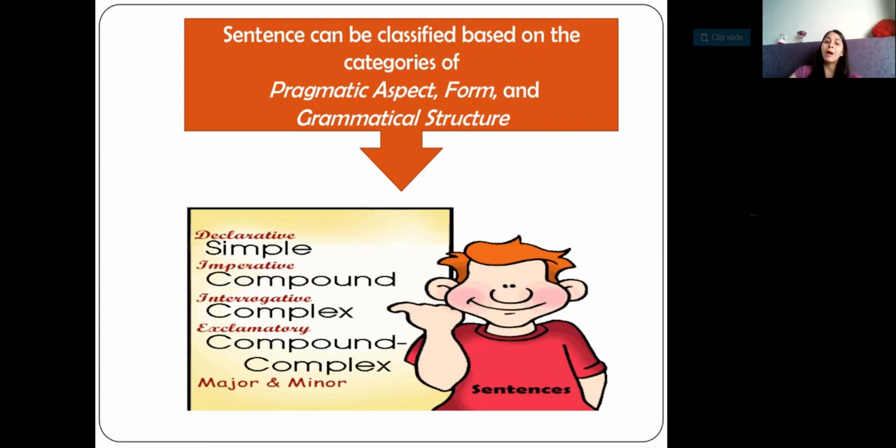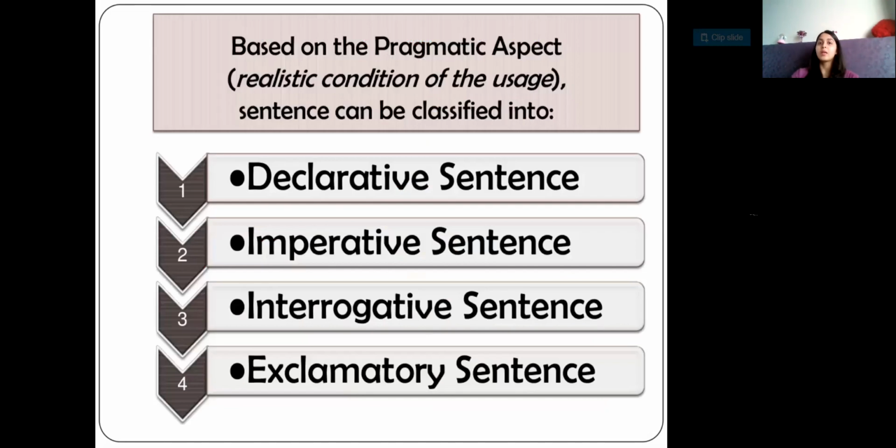Exclamatory gives you compound as well as complex. All right, let's go ahead and see. Based on pragmatic aspect. What is pragmatic aspect? Realistic condition of the usage. Sentences can be classified into four types: declarative, imperative, interrogative, and exclamatory.